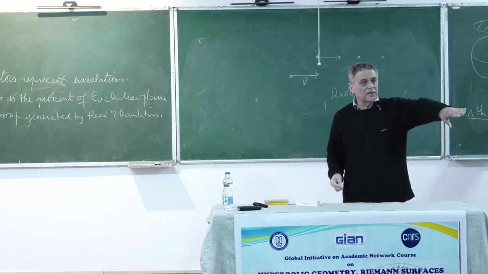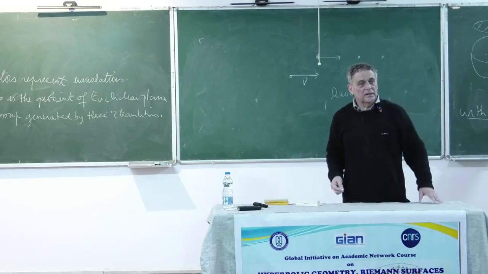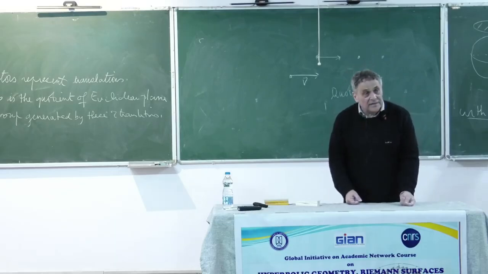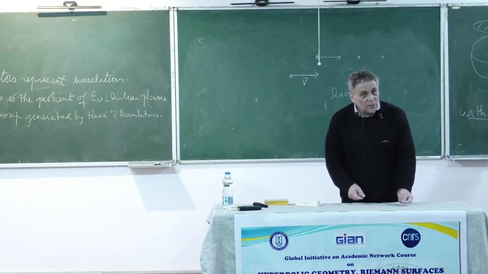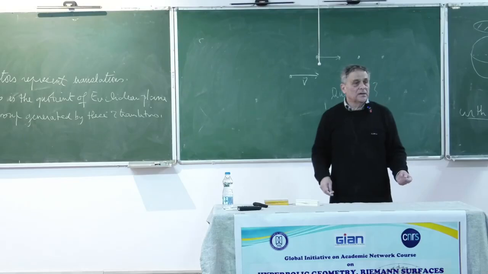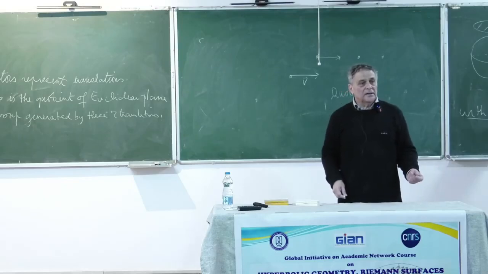So I take the plane, and identify any two points when they differ by this vector which I'm drawing here. What do I get?